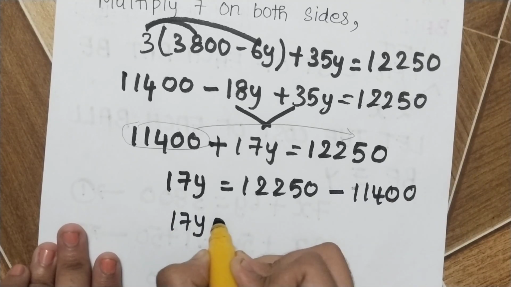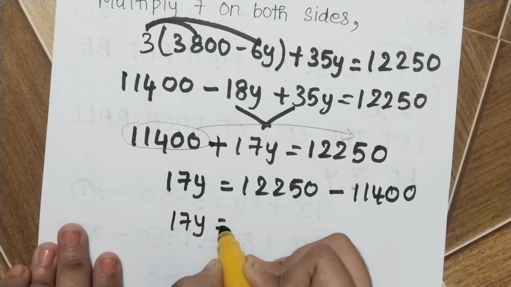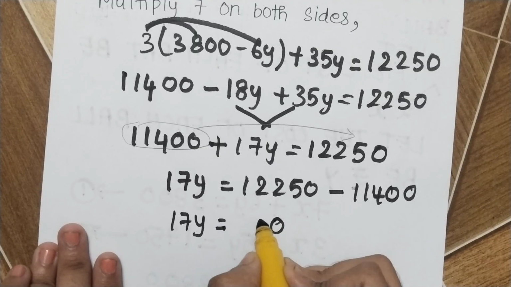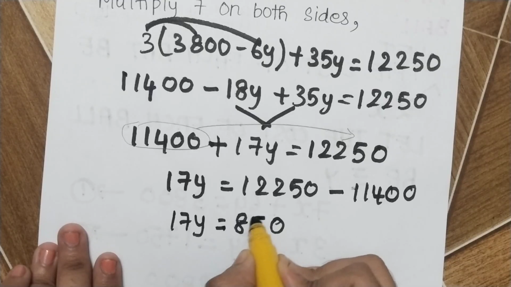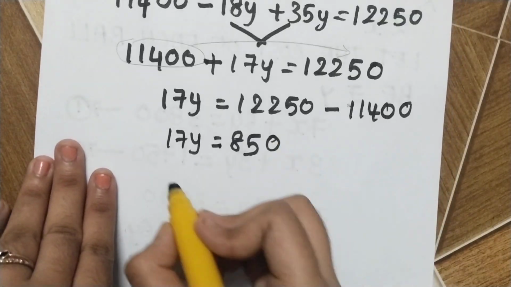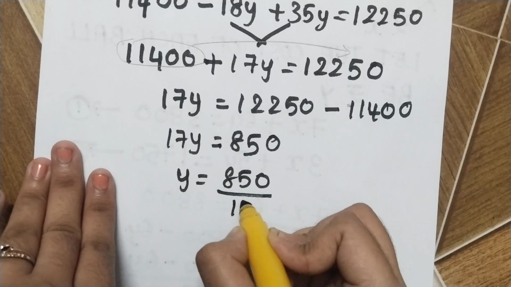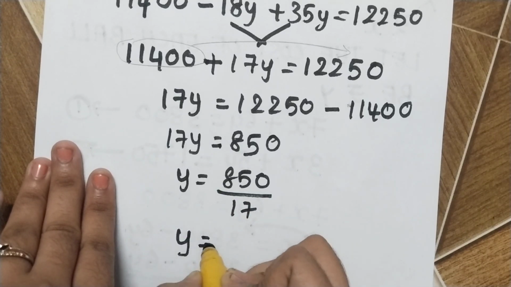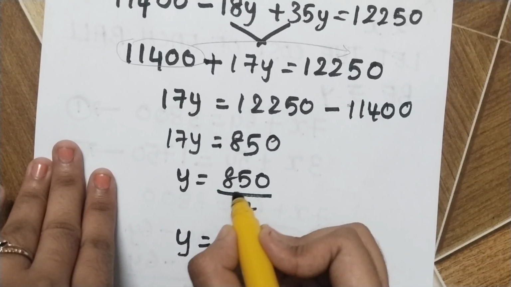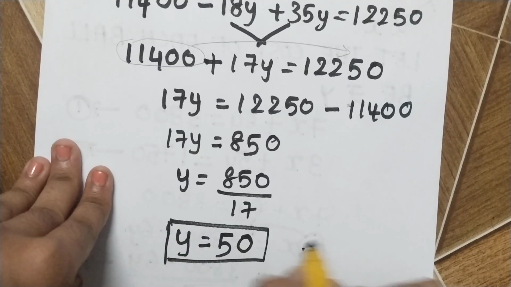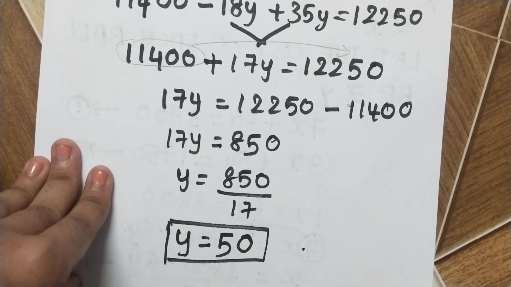So 17y is equal to, if I subtract, I'll be getting 850. Okay, so y is equal to 850 by 17. So y is equal to 50 will be my answer.